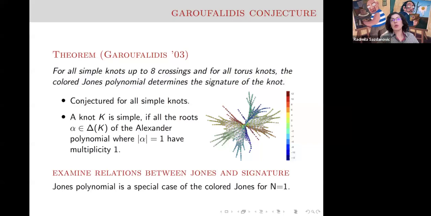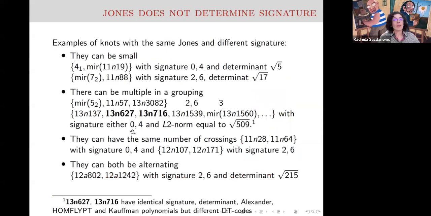Now, the Jones polynomial is just one of the colored Jones polynomials, and this conjecture is true just for a subclass of knots, but we still wanted to examine the relation between the Jones polynomial and the signature in a statistical way, because we know that the Jones polynomial fails to determine signature miserably.